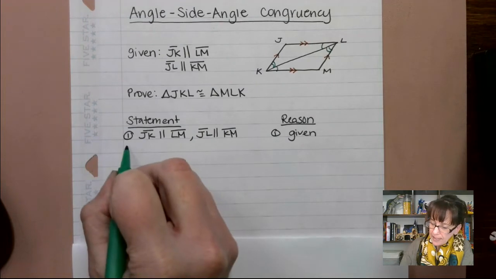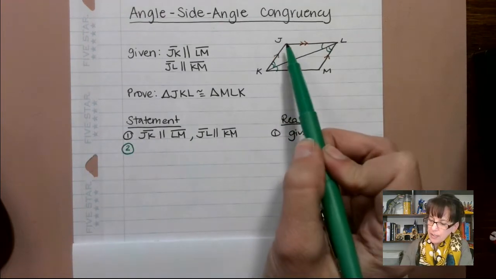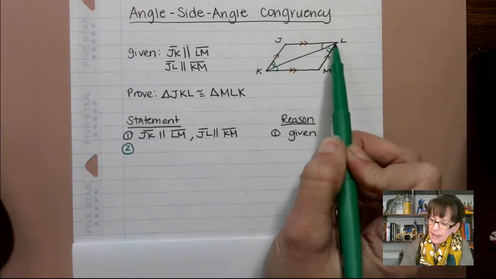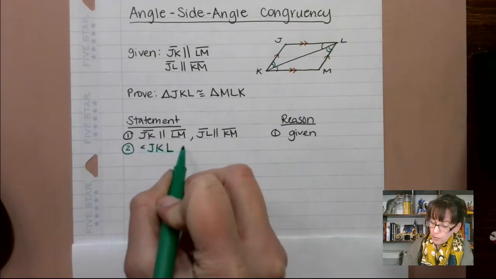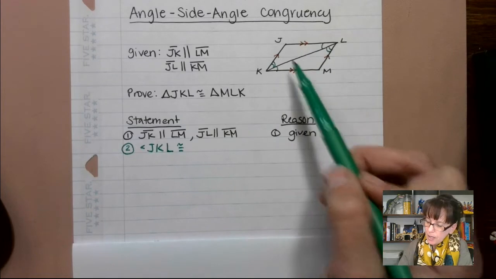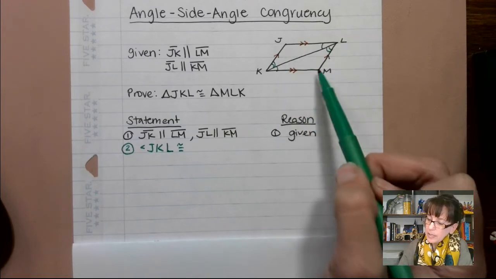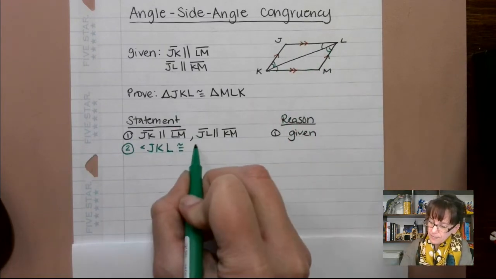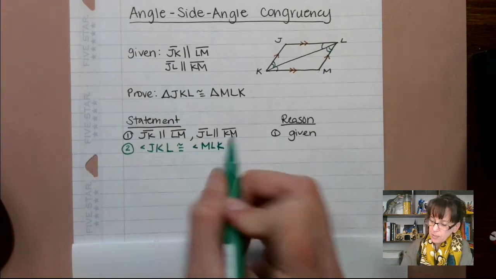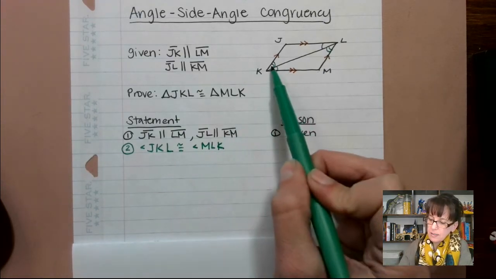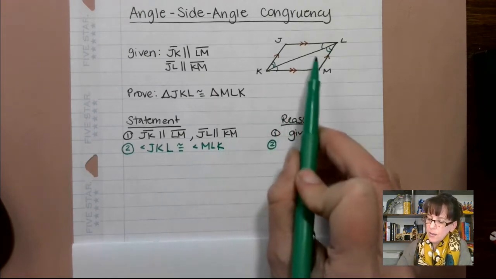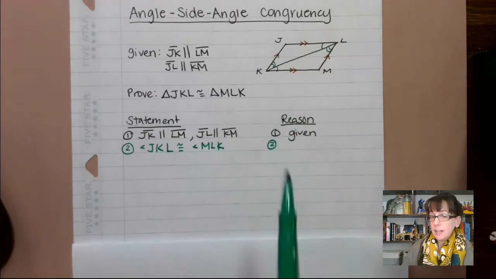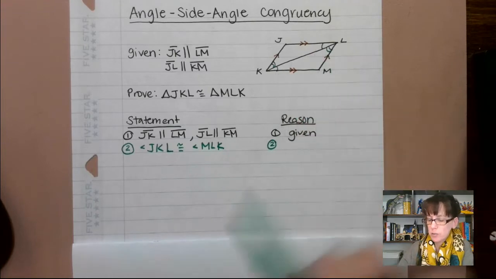So for number two, we're going to say angle JKL is congruent to angle MLK. I want to make sure I'm capturing these correctly. That is because they are alternate interior angles. And that's the same reason why the other angles would be as well.